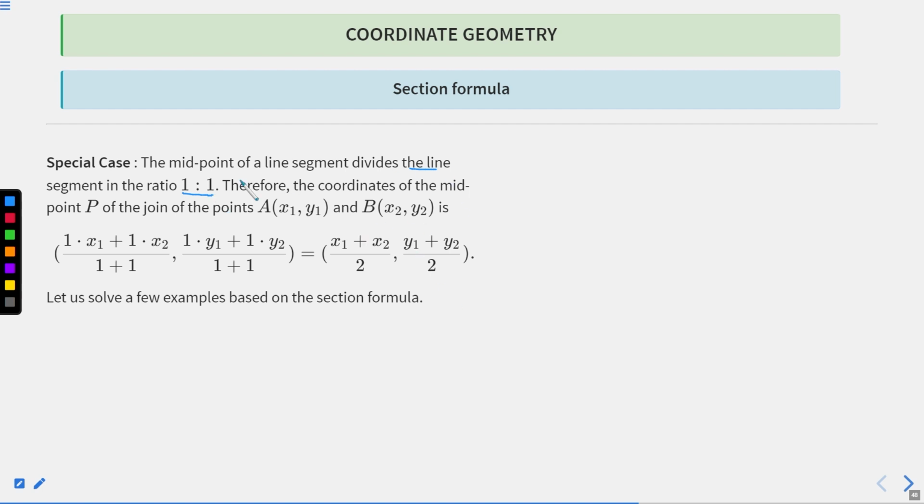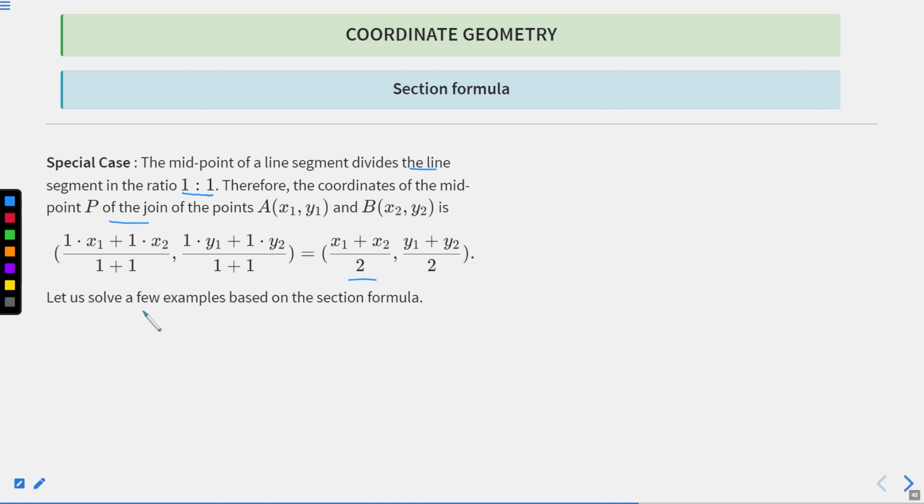Okay, so therefore the coordinates of the midpoint P of the join of the points A (x1, y1) and B (x2, y2) is ((1 times x1 plus 1 times x2) divided by (1 plus 1), (1 times y1 plus 1 times y2) divided by (1 plus 1)), and this is basically equal to ((x1 plus x2) divided by 2, (y1 plus y2) divided by 2). So the coordinates of the midpoint of a line segment AB is equal to ((x1 plus x2) divided by 2, (y1 plus y2) divided by 2).